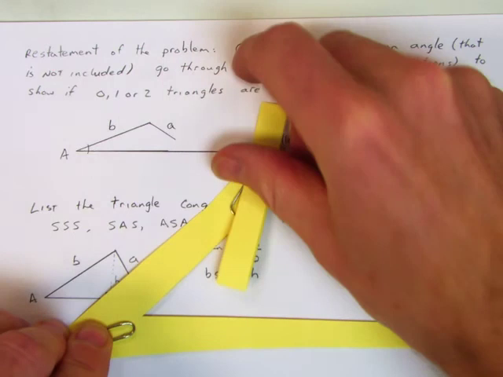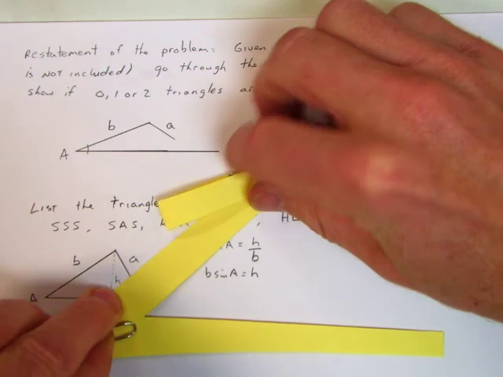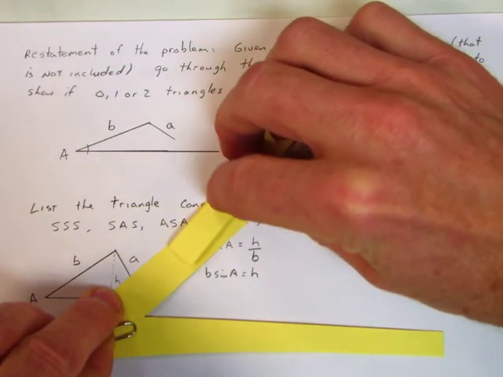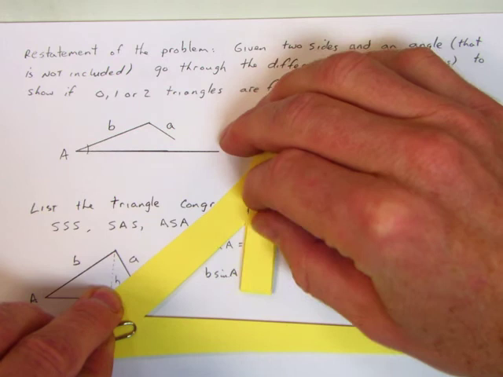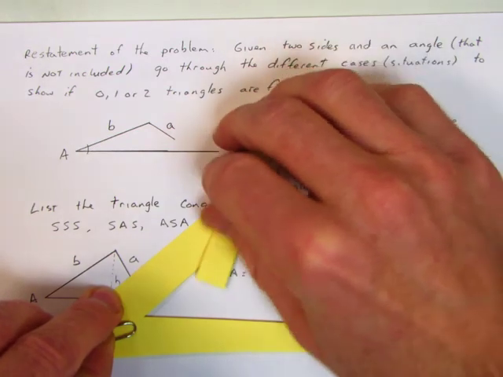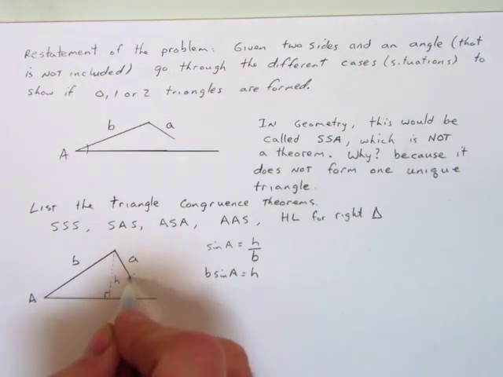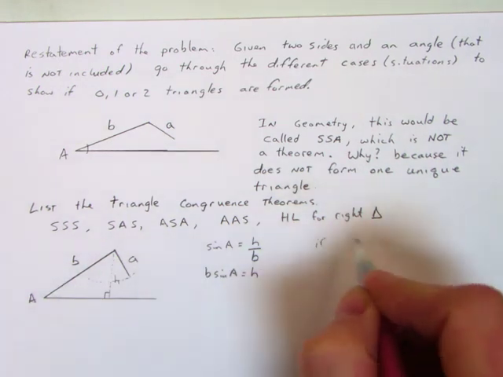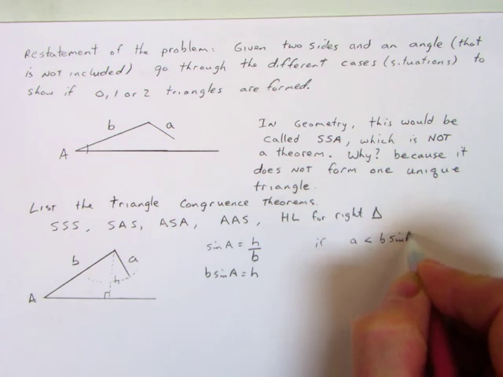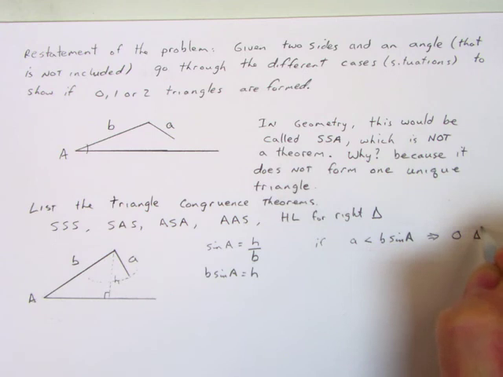Will that piece ever touch the long side on the bottom? You can see here, no matter what, as long as this piece is less than the height, it will never touch it. We can show that here by a little arc. So if little a is less than b sine A, there are 0 triangles formed.